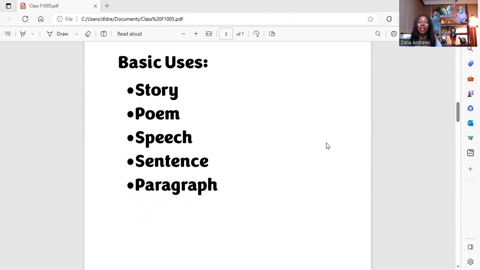Now, some basic uses of figurative language. Story: always write a wonderful story and use figurative language in it to make it appealing to the reader. A poem, whether it's a long poem or short poem, you can throw a couple of lines of figurative language in there to make it even more interesting. A speech, sentences.